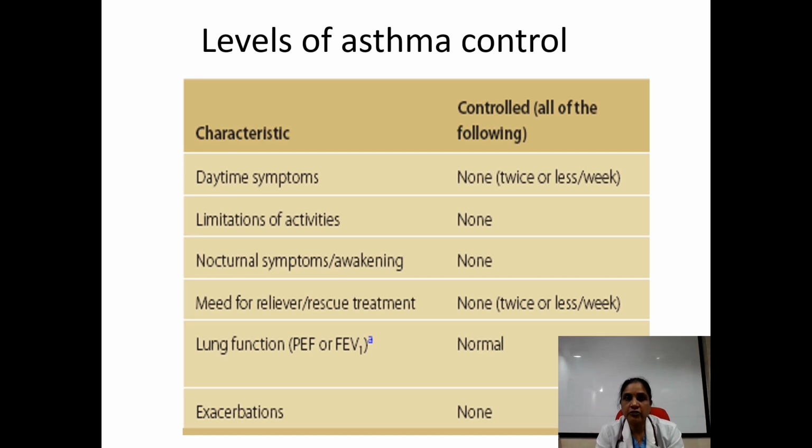Now coming to asthma control. Levels of asthma control can be divided into controlled asthma, partly controlled asthma, and uncontrolled asthma on the basis of daytime symptoms, limitation of activities, nocturnal symptoms, need of reliever or rescue medicine, lung function, and exacerbation. If none of these are present, then it is called well-controlled asthma.